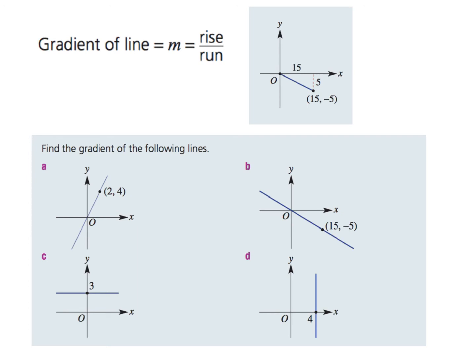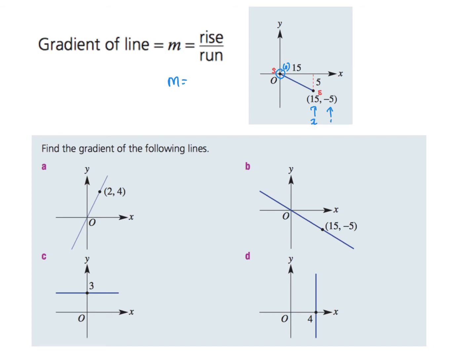All right, so now we know we've got this rule, rise over run. We're going to practice finding the gradients of these lines. If I start at this point and end at this point, I know that the gradient is rise over run, so let's look at the rise. I went from 0, and which one of these numbers is the x and which one's the y? Someone tell me. X equals what at this point? 15.